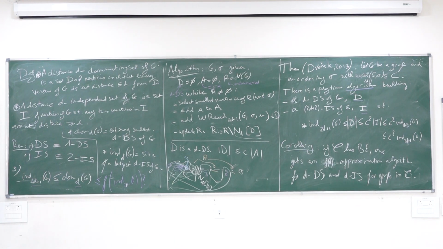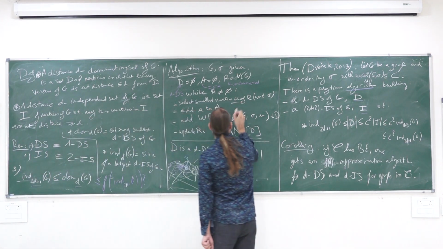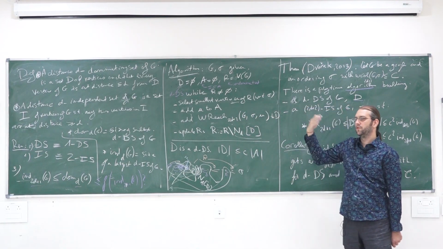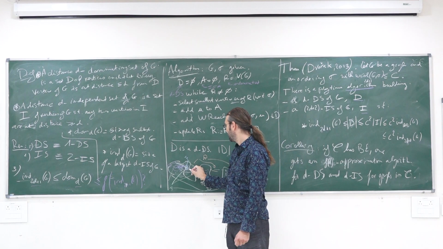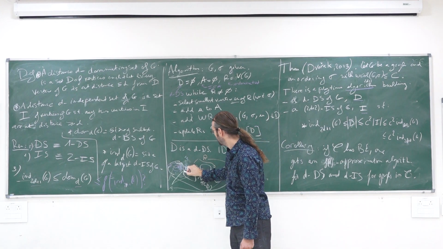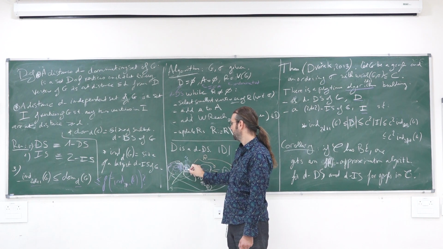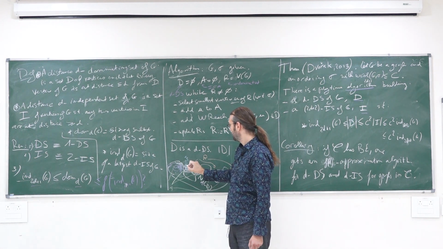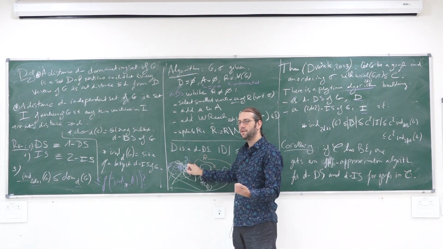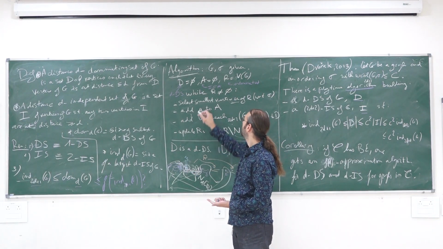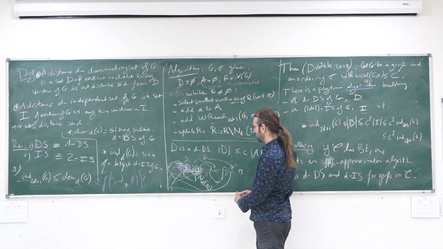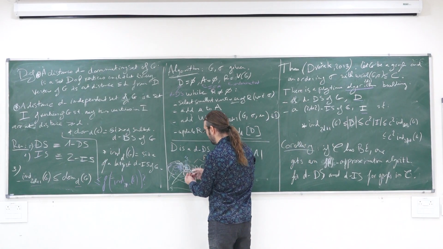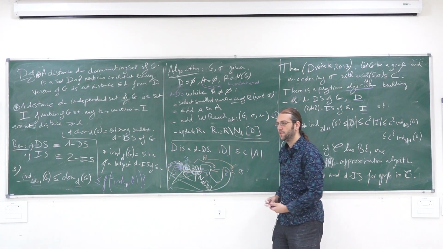U is this smallest vertex. So at each step we select a new U. What is it? The smallest undominated vertex with respect to the order. This U I added to the dominating set. I added it to the set A, the potential independent set. And then I not just add U to the dominating set, but also all its weak reachability set.